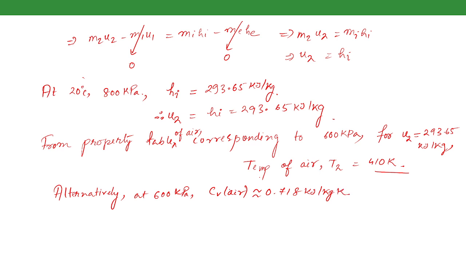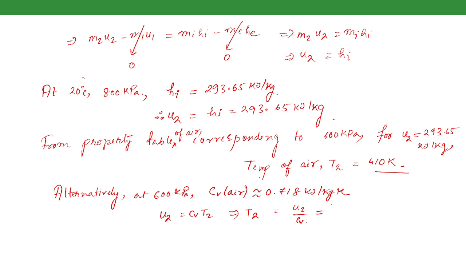Why considering Cv? Because the entire process is happening at a constant volume, wherein the volume of the container remains fixed. So U2 is basically Cv T2. So T2 can be written as U2 by Cv. Herein we have considered air to be an ideal gas wherein the internal energy is a function solely of the temperature.